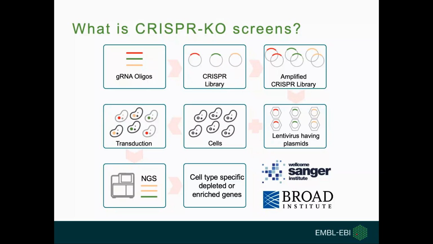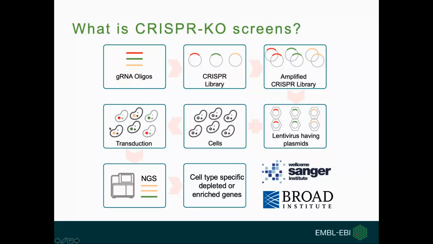So researchers thought, okay, we can create lots of guide RNAs, and we can work with them in parallel. So they created CRISPR libraries, which are composed of many different guide RNAs that target different DNA sequences. By using lentiviruses as a delivery tool, they infect the cells with these guide RNAs.